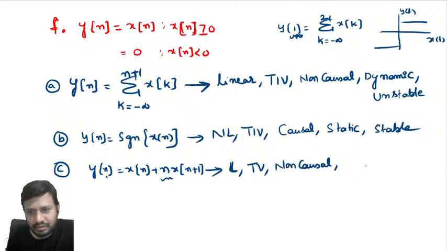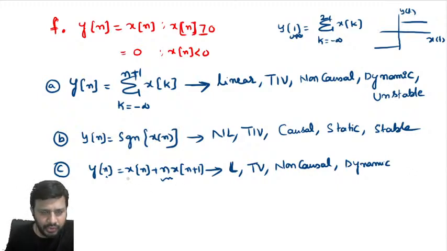Static or dynamic? Dynamic, because of the second term. If the second term is not there, the system would have become static. Stable or unstable? Here, if you apply a bounded input like u of n, then n times u of n plus 1, multiplied with n, won't be a bounded signal but an unbounded signal.